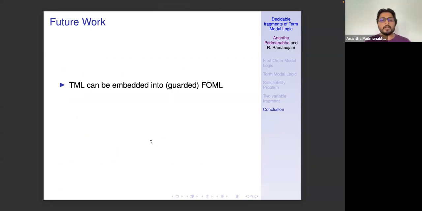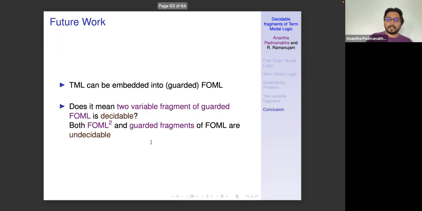And note that when we looked at the translation of term modal logic to first order modal logic, in fact, it translates into the guarded fragment of FOML, right? Now, this leads to a natural question whether the two variable guarded fragment of FOML is decidable or not, right? So FOML two variable is undecidable. Guarded fragment is also undecidable.